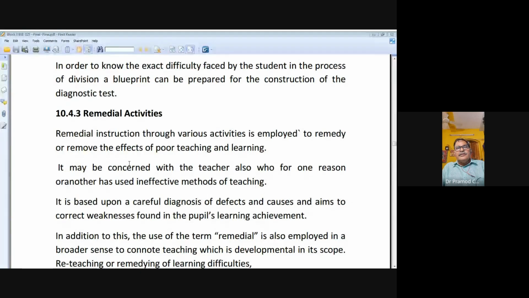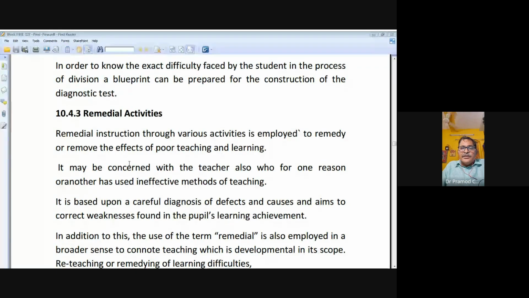Similarly, the teacher, after observing the learning difficulties of the child, will have to say what you will have to do in the different situations, and give suggestions that teachers must follow different types of teaching methods.